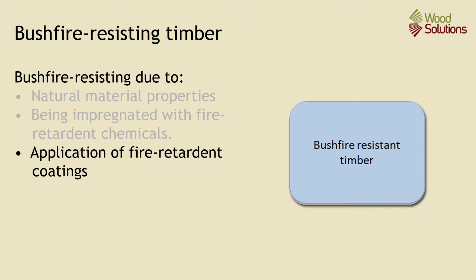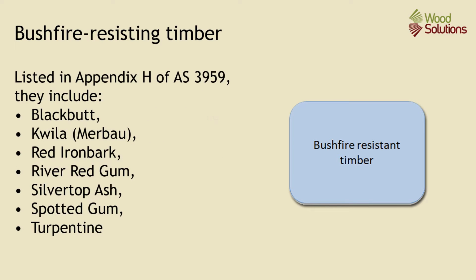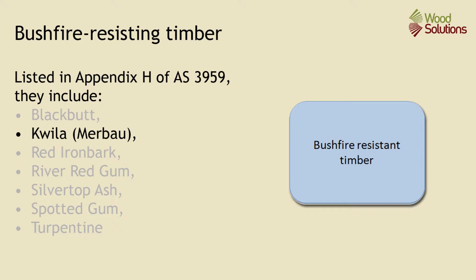We will not be covering treated material in this presentation. Naturally bushfire resisting timber species are listed in Appendix H of the standard. They include blackbutt, kwila or merbau, red ironbark, river red gum, silvertop ash, spotted gum and turpentine. These species all have very low heat release when tested for burning.